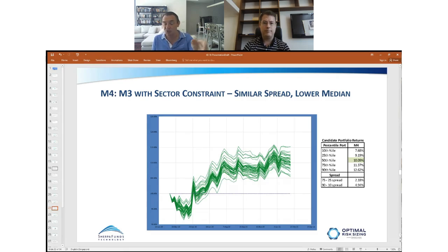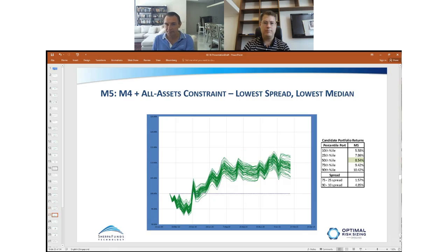It was like, I like these stocks, I don't like these stocks. And actually we ended up being very heavily overweight, I guess, tech in this time period. By making the sector constraint, we eliminate the possibility of being so overweight tech, and so it brings the median experience down. But again, it broadens the diversification, so we get a narrower spread.